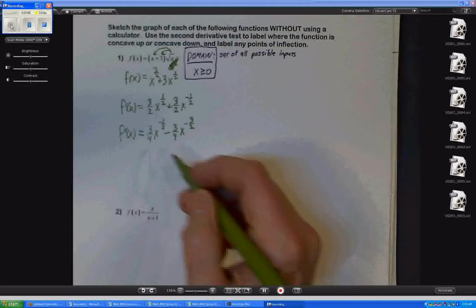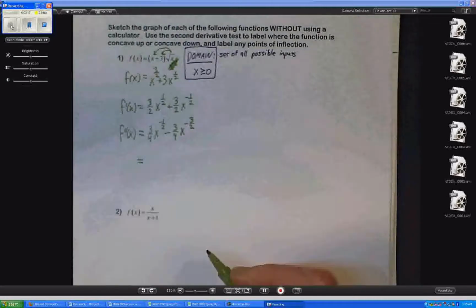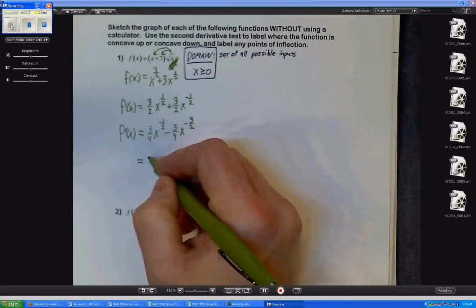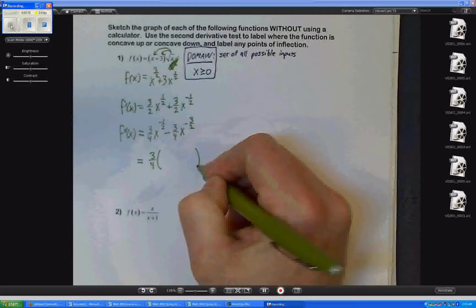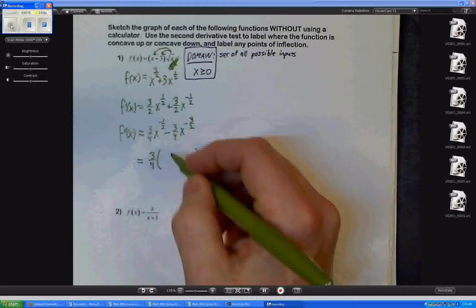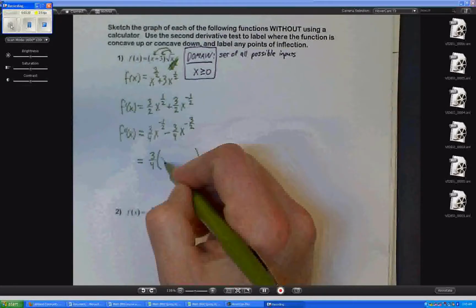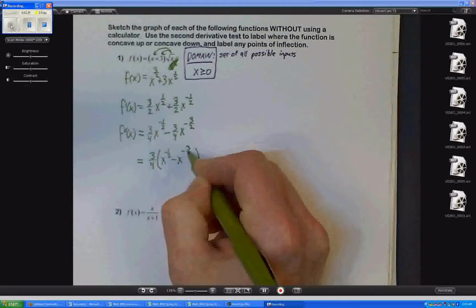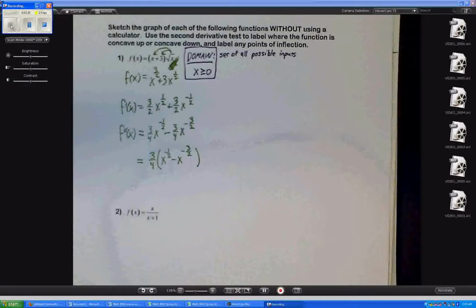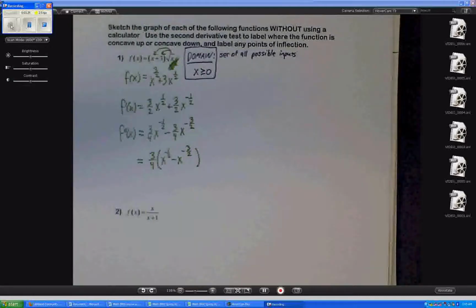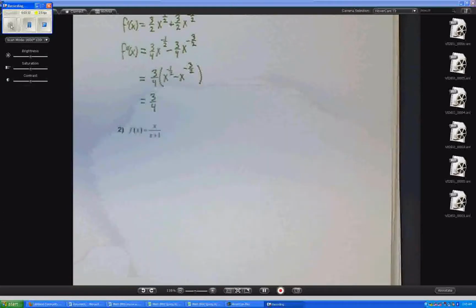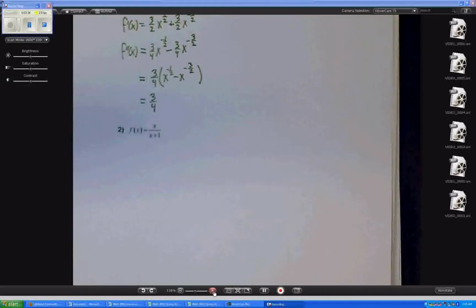We can write it, first of all, maybe as 3/4. And here I guess I have x to the negative 1/2 minus x to the negative 3/2. Right? And so that is 3/4. Maybe I'll make this a little bigger for you.